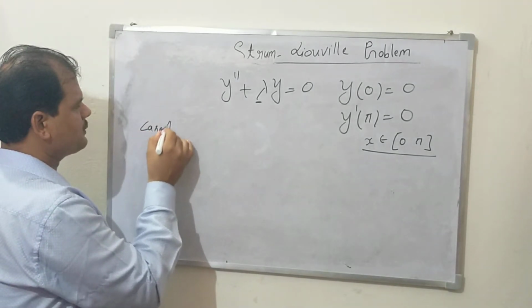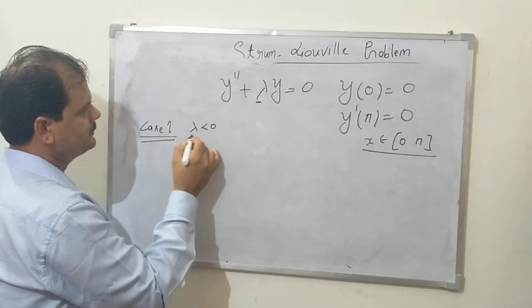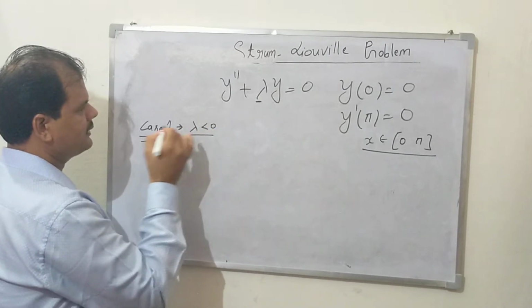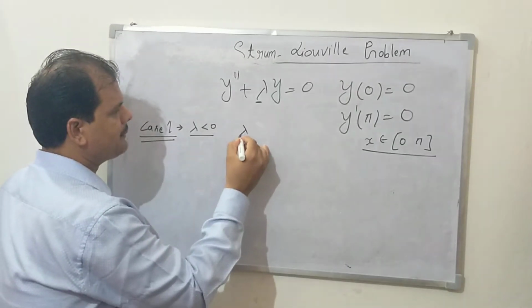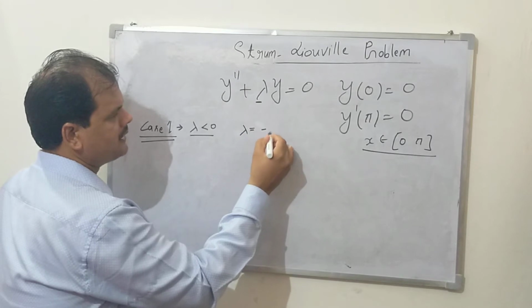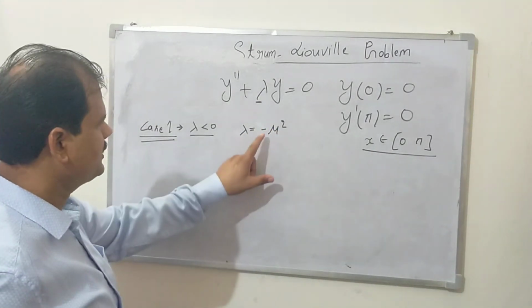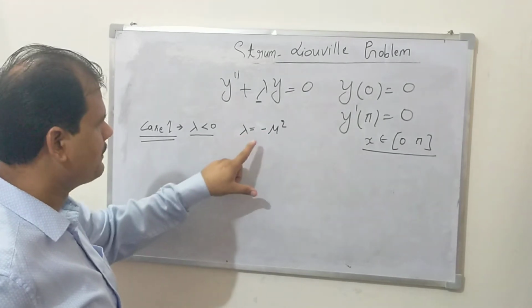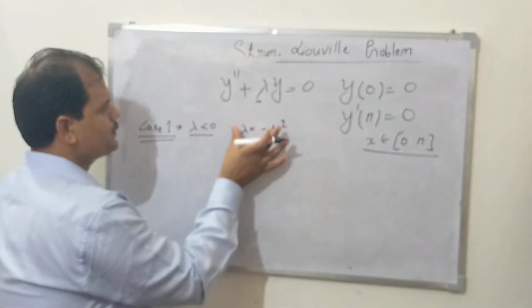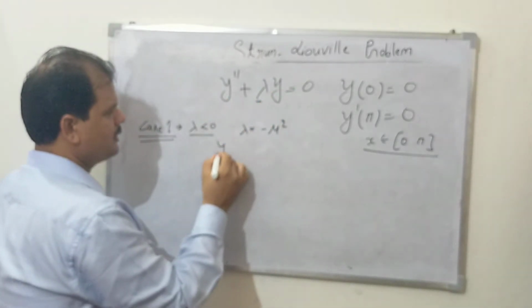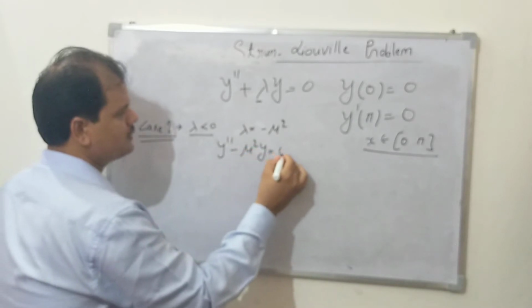I am taking case 1, when lambda is negative. So we take lambda equal to minus mu squared. Whether mu is positive or negative, no problem; this gives a negative lambda. Substituting this lambda, we get y double dash minus mu squared y equal to 0.